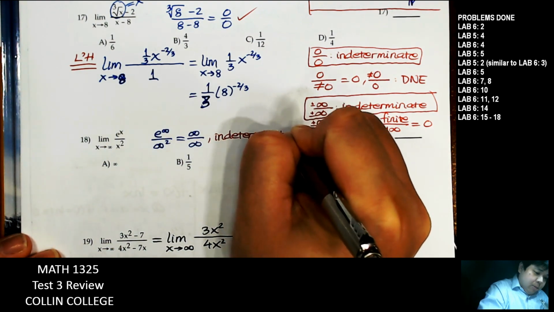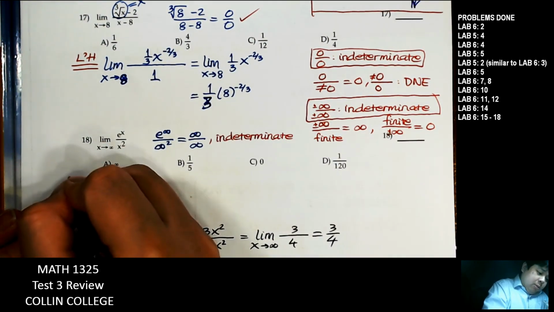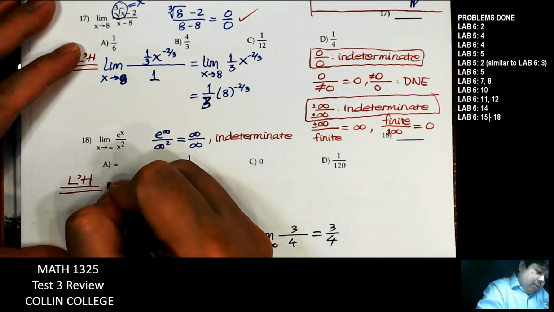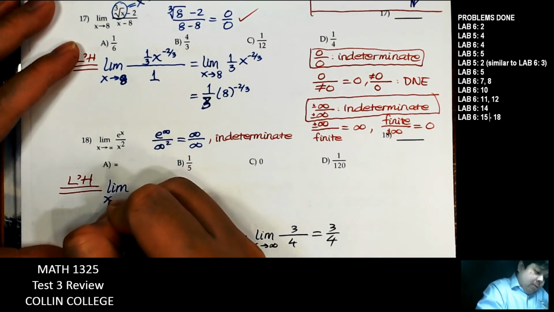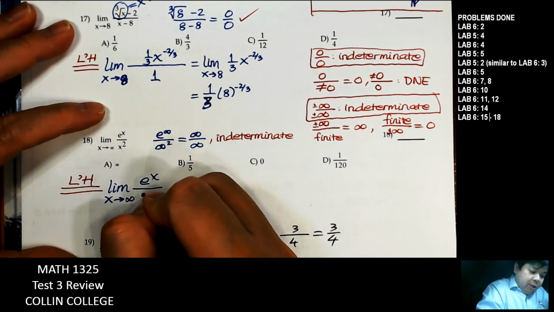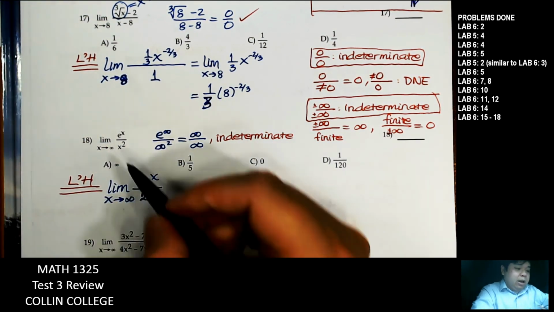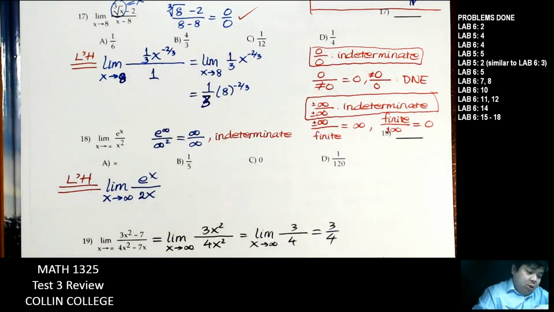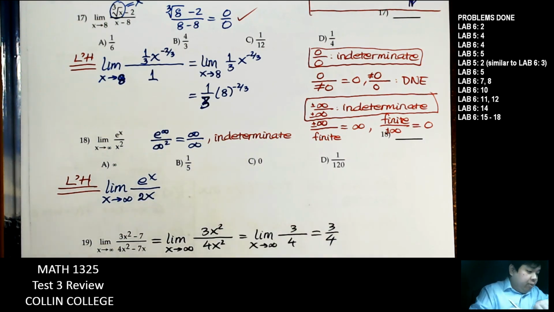Right, e to the x over x squared. If we put in infinity, that will be infinity over infinity squared, which is infinity over infinity, by the way. e to infinity is infinity. Need to know that.